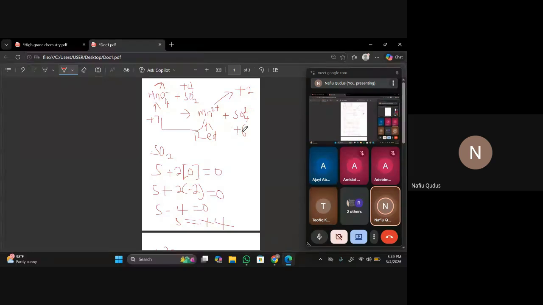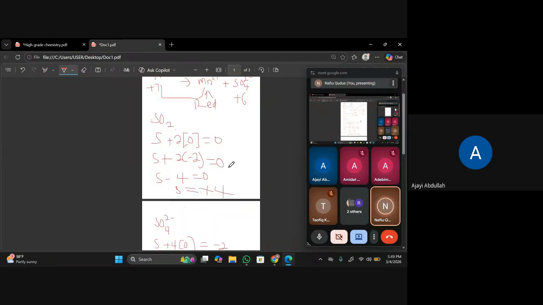Does it increase or decrease? It increases. That shows that oxidation has occurred between SO2 and SO4 2 minus. Are we together?